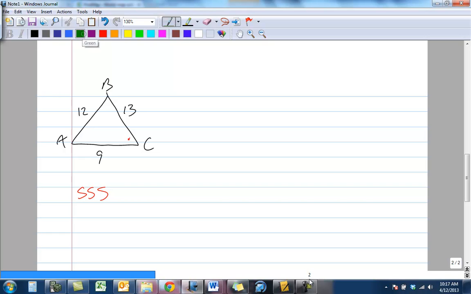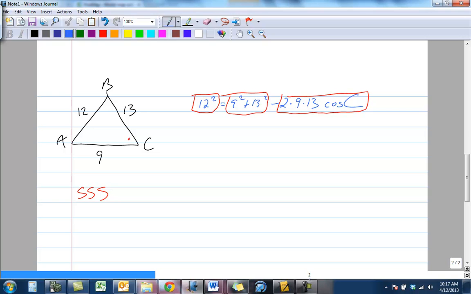So the C formula is side C, 12 squared equals the other two sides, 9 squared plus 13 squared, minus 2 times 9 times 13 times the cosine of C. We have to find angle C. Now remember, this is where it's broken up in the three parts. There's the left side squared, there's the multiplication part, and there's the addition part.